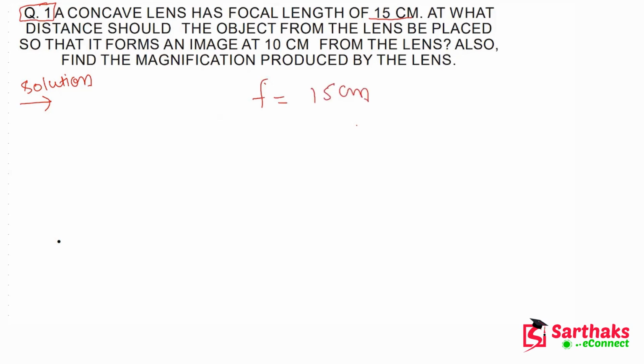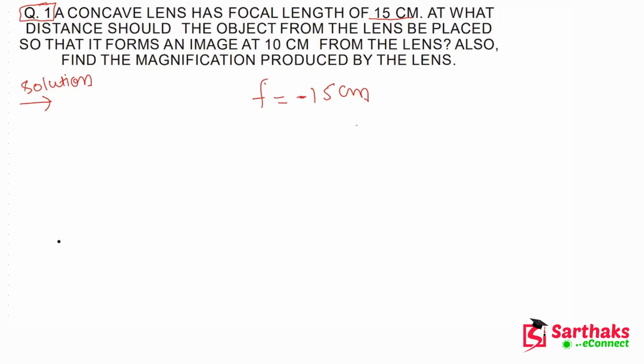Now I'm talking about the concave lens. What is the focal length of a concave lens, minus 15 or plus 15? Definitely it is minus 15, because the focal length of a concave lens is negative.